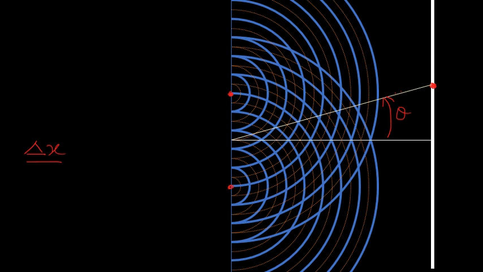Now I will make the path length. What path length would be covered by the light wave coming from this point till this point?